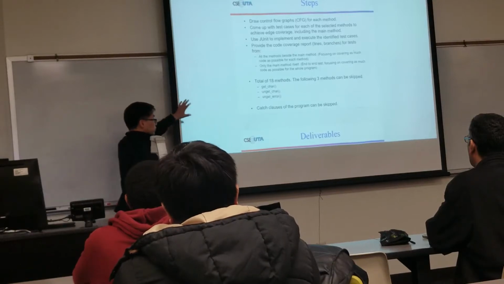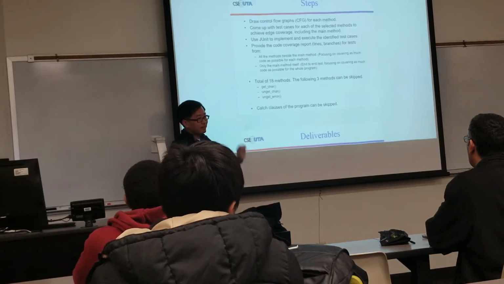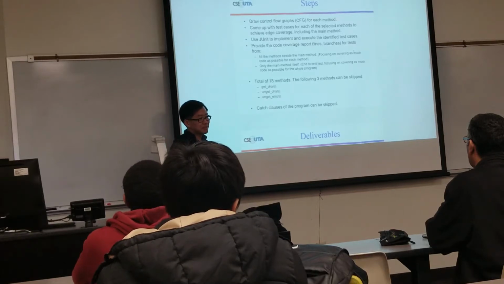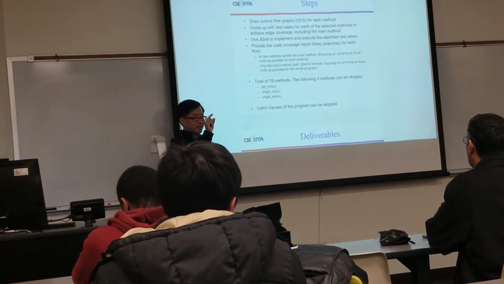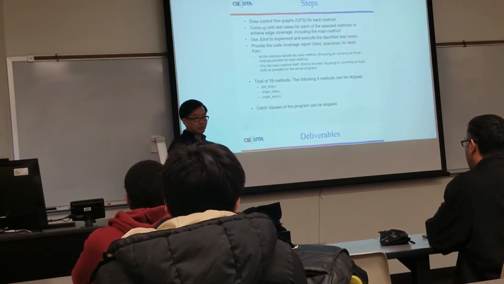You're going to have two types of coverage reports. The main method is special, because the main method is the entry point of the entire program. When you try to test the main method, you cannot fully execute all the branches in the main method on its own. You have to measure the coverage of the entire program: of all the branches that you have, how many branches you cover.